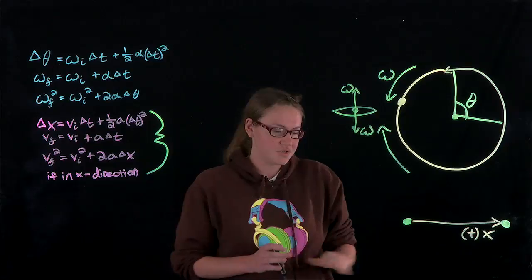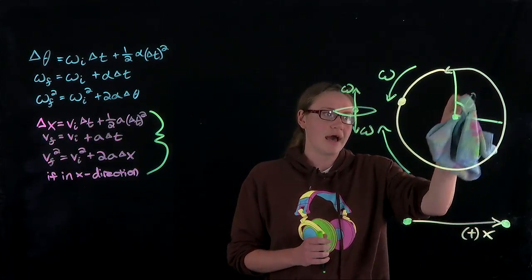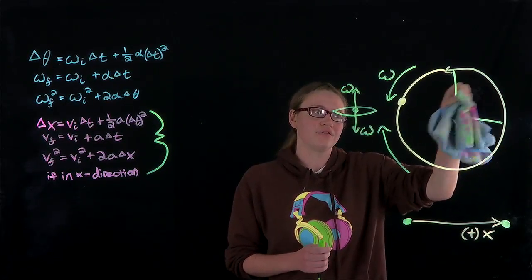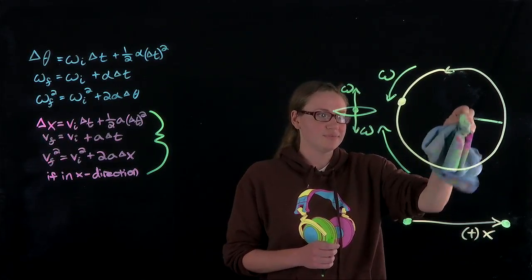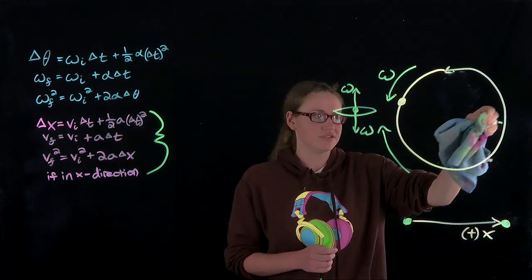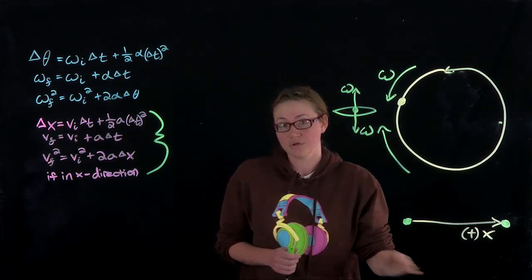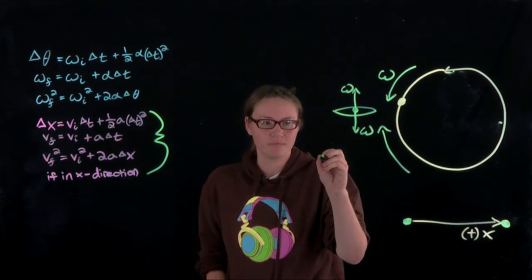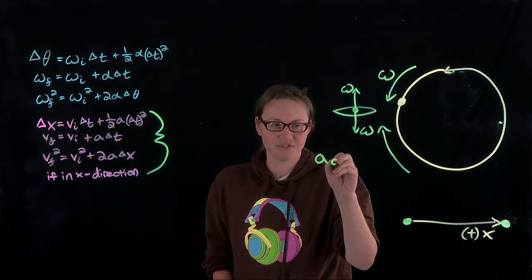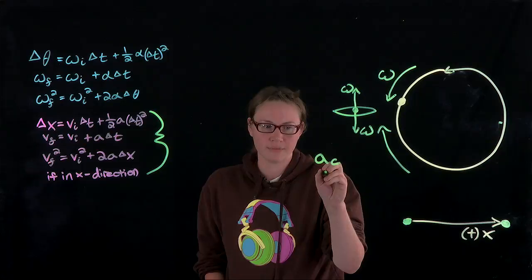Another thing I wanted to address is why we have three different types of acceleration we deal with. It's because we're dealing with how things change in circular motion. And so we have three types. We have a centripetal acceleration in linear motion.